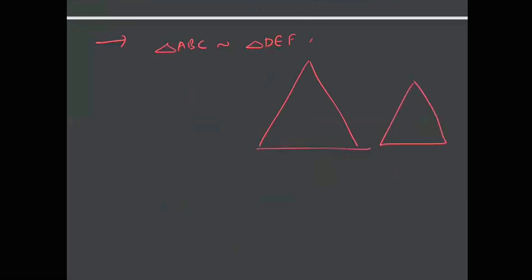In fact, in general, we can say that if triangle ABC is similar to triangle DEF, then the ratio of the areas of triangle ABC and triangle DEF is equal to the square of the ratio of the sides.